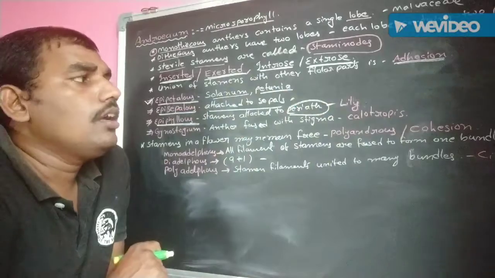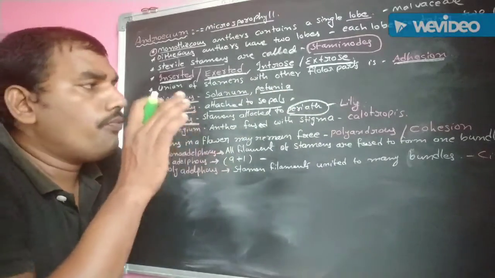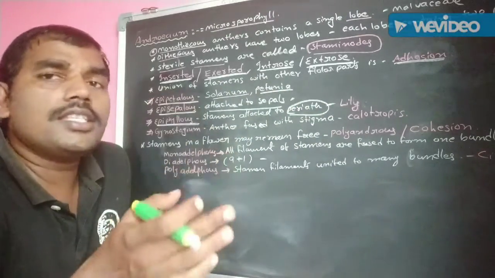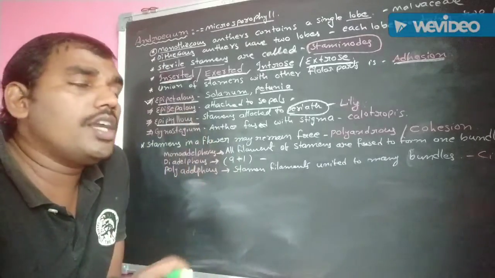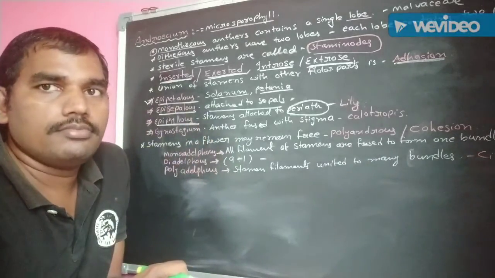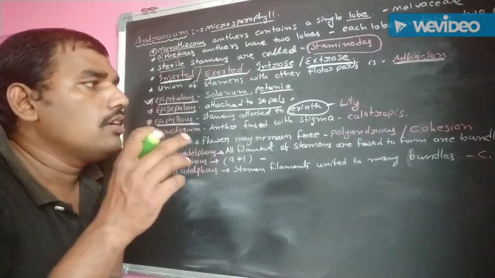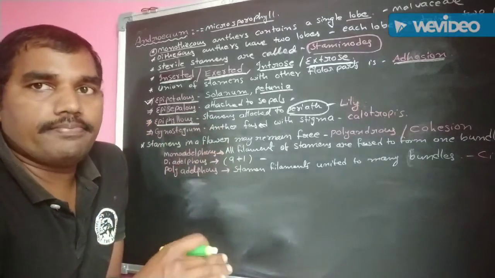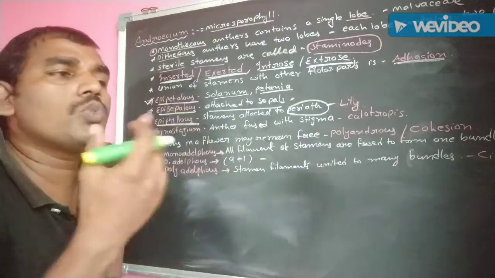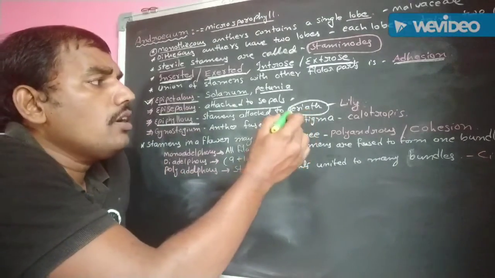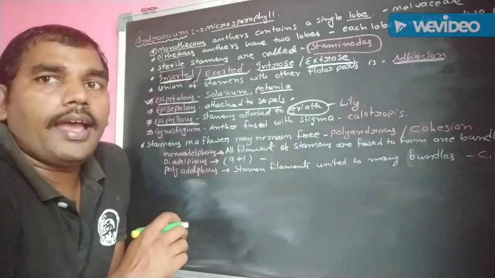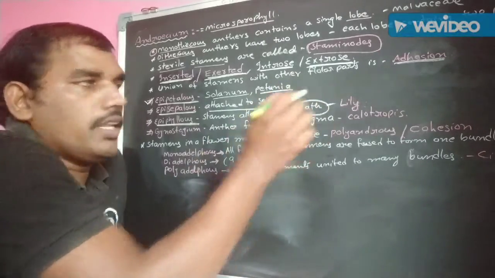Perianth means the floral parts are not differentiated into calyx and corolla. They look the same, and we cannot decide which one is the corolla and which one is the calyx. This type of floral accessory organs are known as perianth.